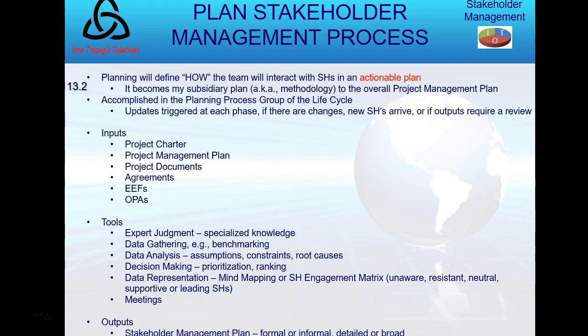Agreements, I just like to point out, as the PMBOK guide does, contractors and suppliers. This involves working with the procurement group of your own company and the procurement manager. And then in the book, note the EEFs and OPA examples. Now, tools, and also Rita's book gives some good advice along these inputs, tools, and outputs.